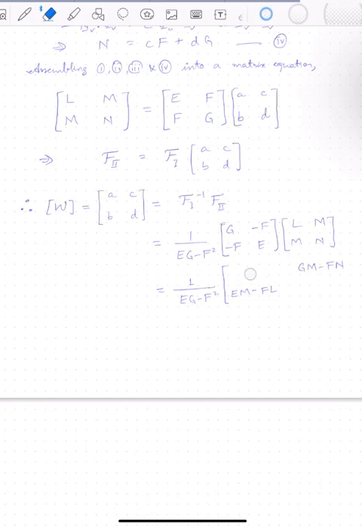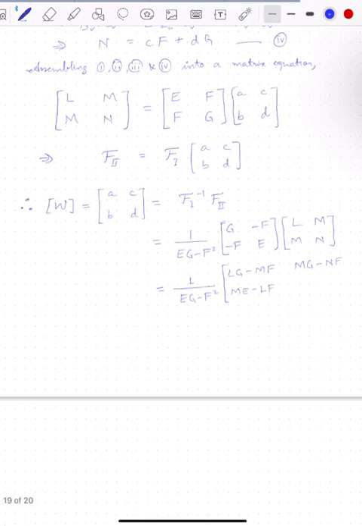But maybe just to simplify, better to have the second fundamental form in the first sum, right? So we can have LG minus MF, then MG minus NF. Then we have ME minus LF.